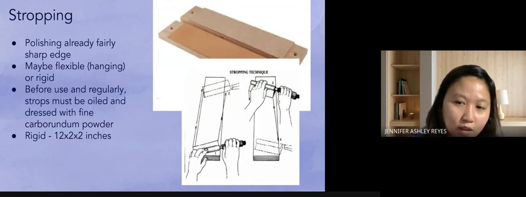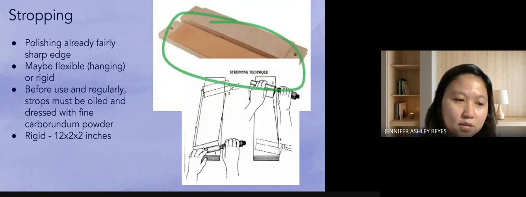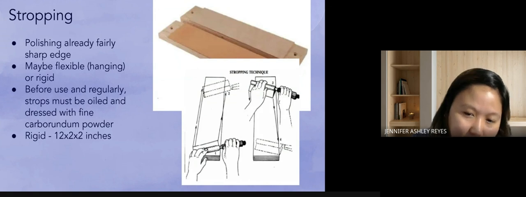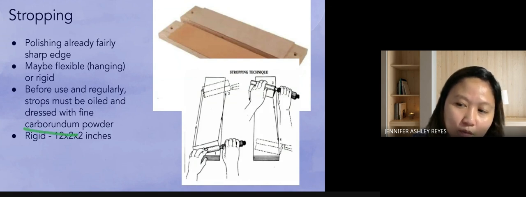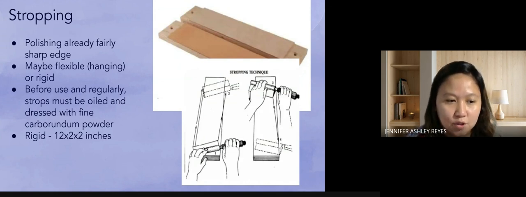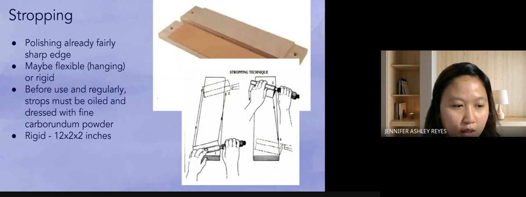Take note that before you use the strops, they should be oiled and powdered with carborundum powder so that they maintain their ability to polish your knife. So that's for honing and stropping.